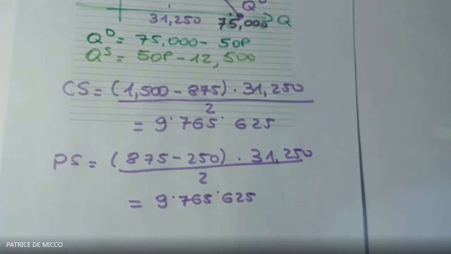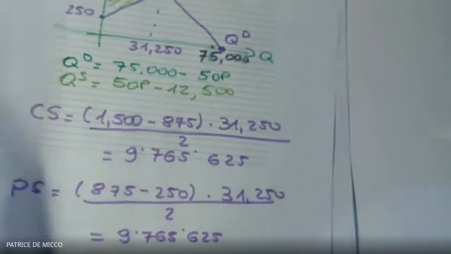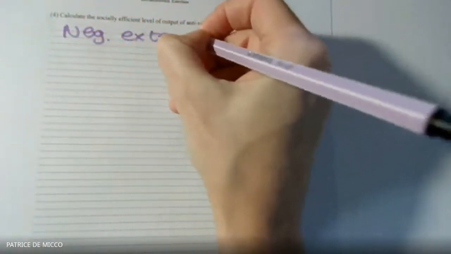Now, we can move on to point 4. Now we start with taking the externality into serious account, because we are asked to compute the socially efficient level of output, because we know that in this case we have a negative externality. Let's rewrite it, negative externality.